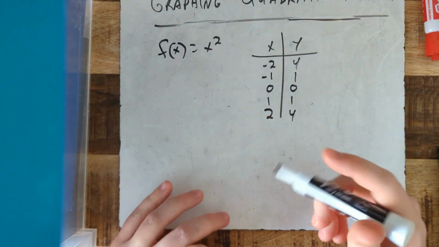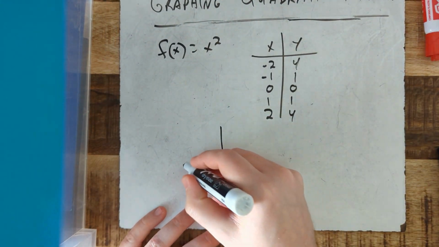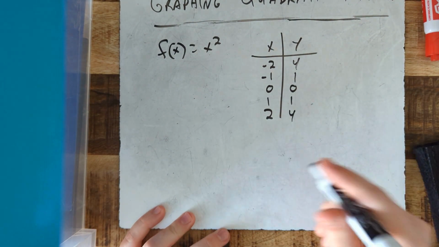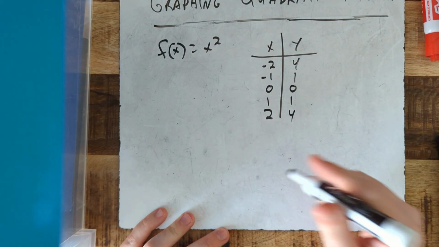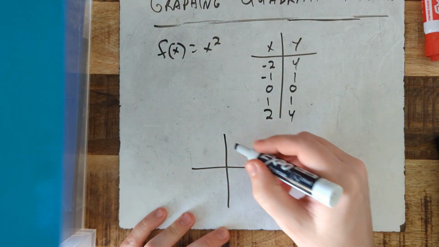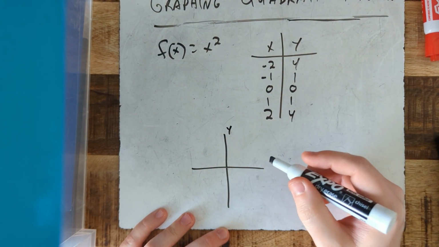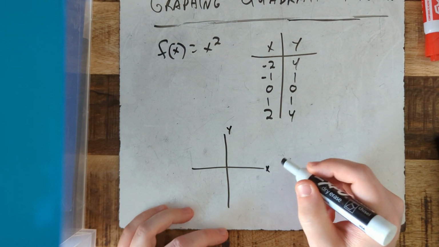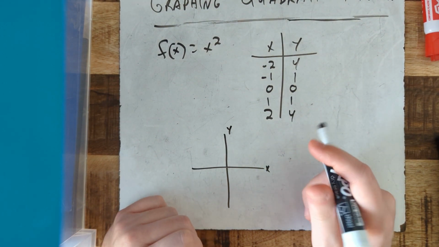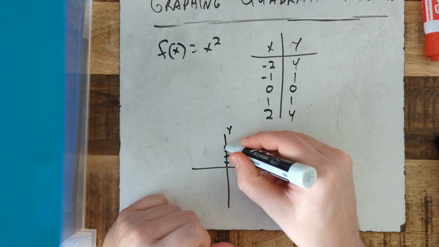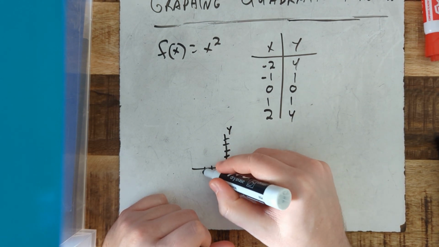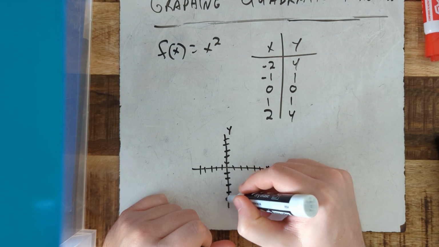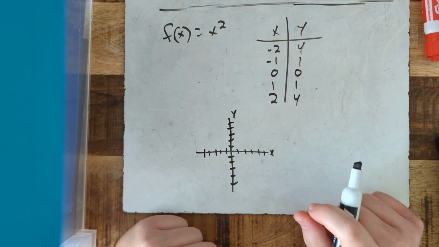Let me draw a very simple basic graph with straight lines. Remember, our vertical axis is our y, our horizontal axis is our x, and we're going to draw some basic tick marks, 1, 2, 3, 4, 5 in each direction. Okay, so this is a very basic rudimentary graph.